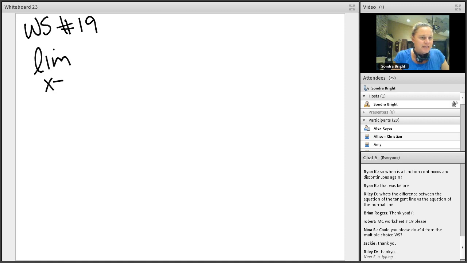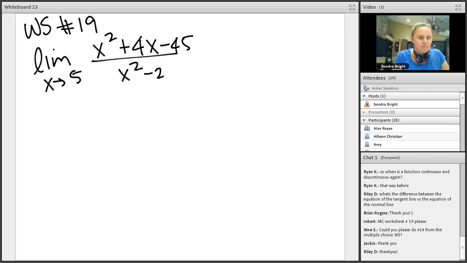The limit as x goes to 5 of x squared plus 4x minus 45 all over x squared minus 25. Your first thing when they ask you to find the limit is to try plugging that value in. If you can plug it in and you get values, you're golden, that's your answer.